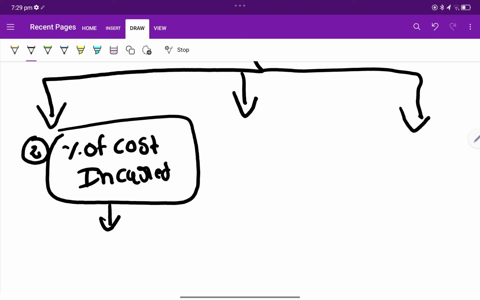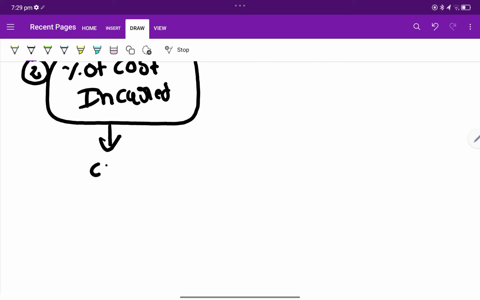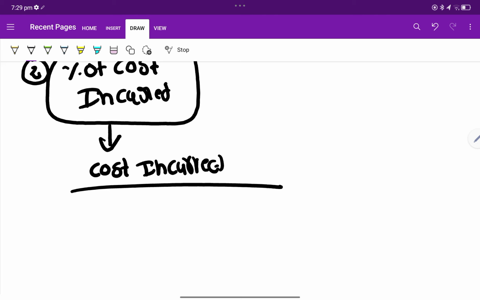The formula is: cost incurred till date divided by cost incurred till date plus future estimated cost.